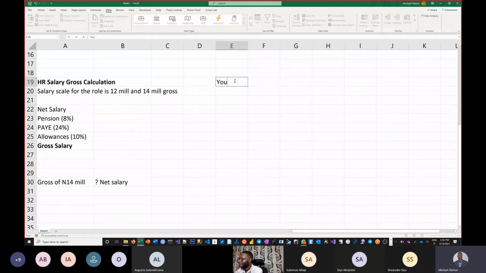You are the HR for company ABC. And there's actually a company called ABC Limited. So you're the HR of ABC Limited, right? And you have your salary structure already. So if you are paying someone 10 million naira, then you know that pension is 18%.